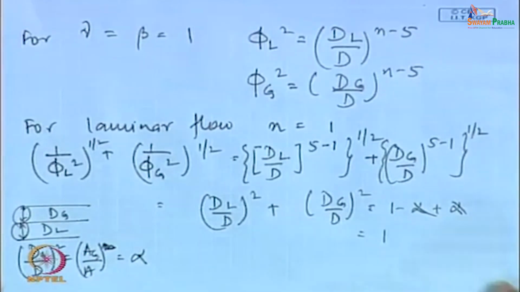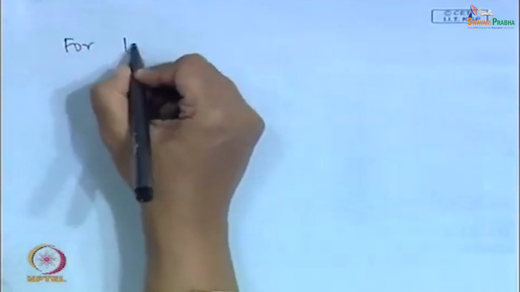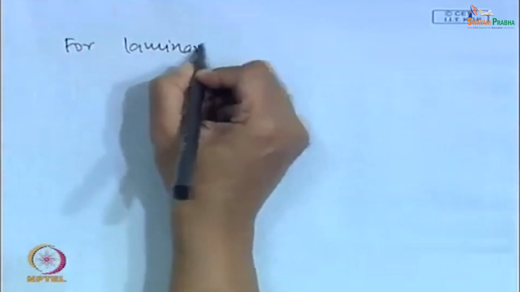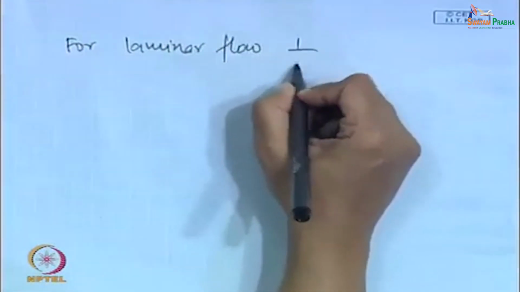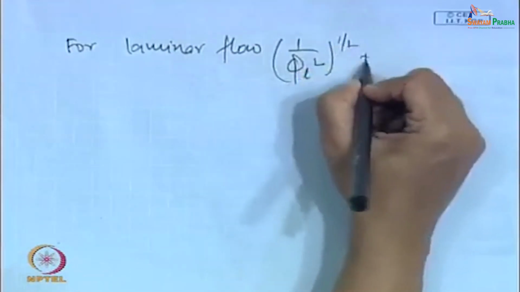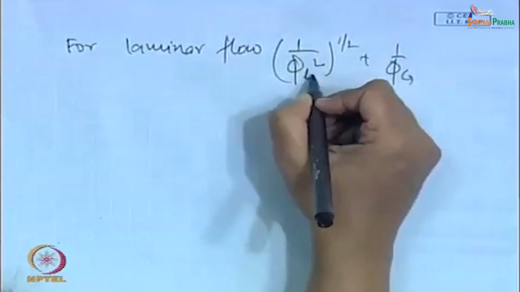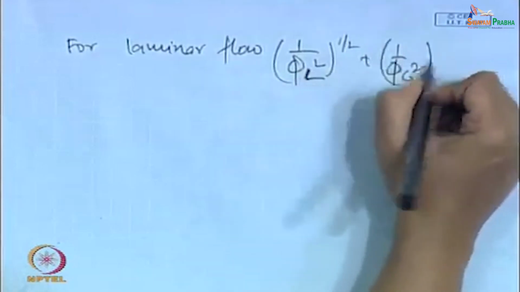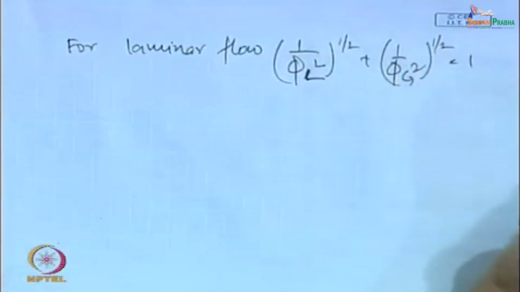Agreed? So, for laminar flow, what have we arrived at? We have found that for laminar flow, (1 by phi L square) whole to the power half plus (1 by phi g square), these are all capital, is equal to 1.